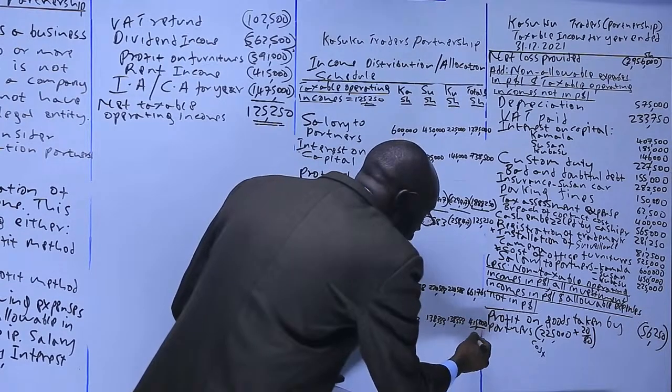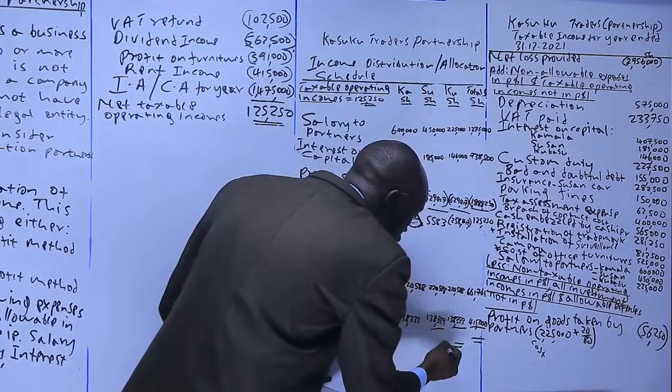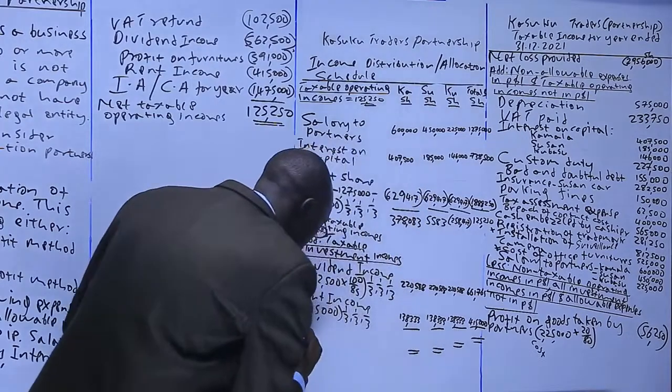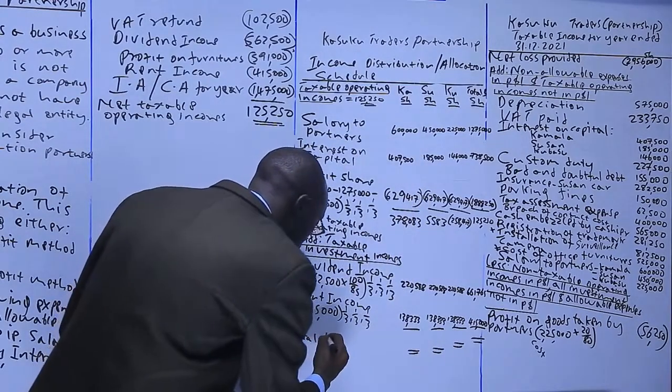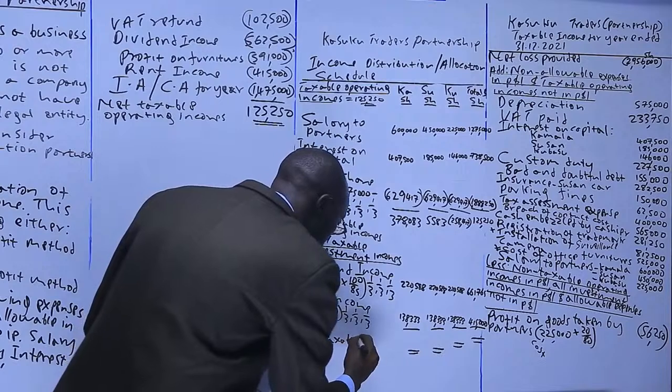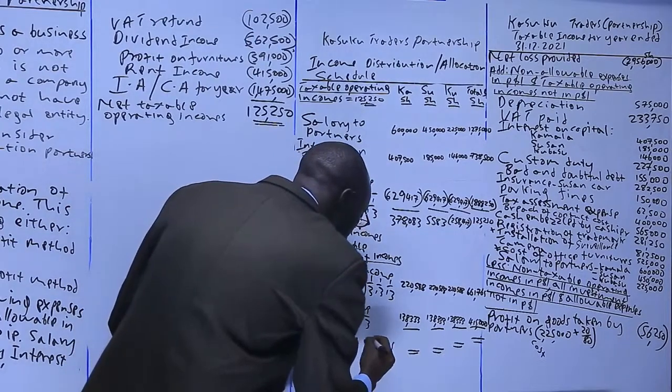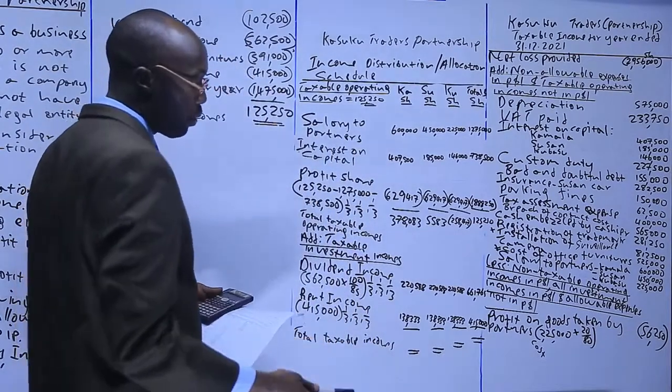And then since there is no other investment income, we can now get total taxable incomes. So total taxable income, we do them this way.